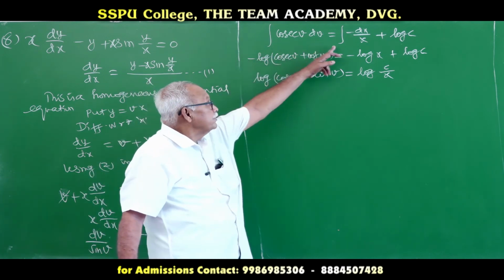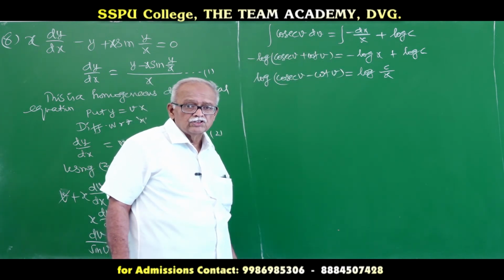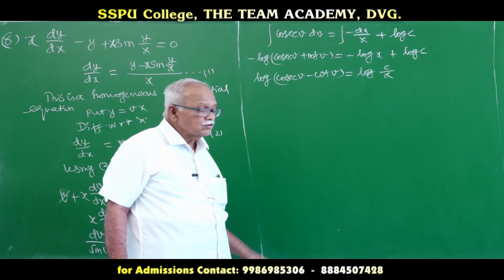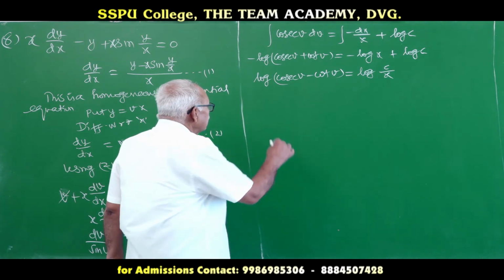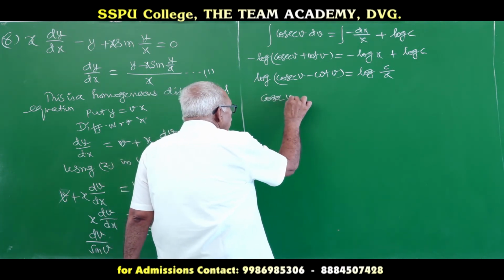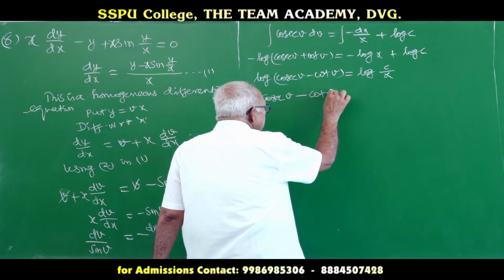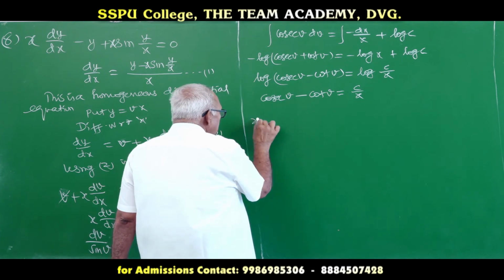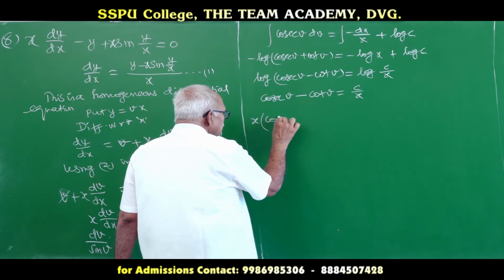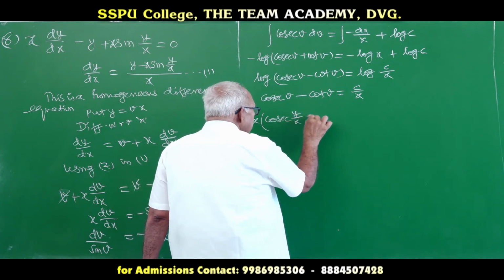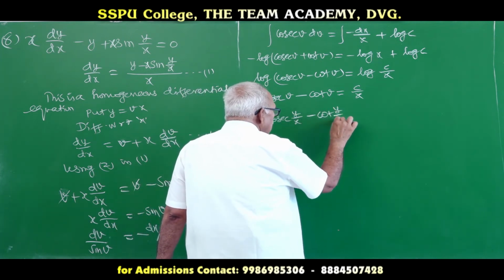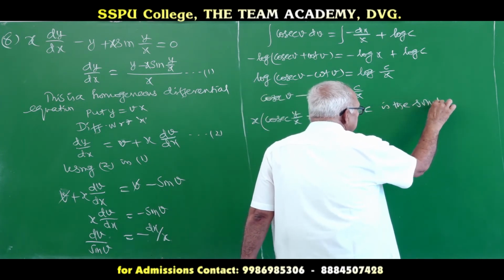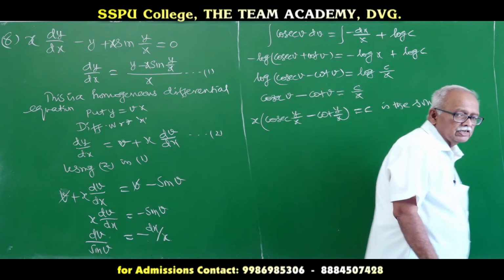So this minus sign, if you take it, this is 1 by cosecant v plus cot v. 1 by cosecant v plus cot v in trigonometry is cosecant v minus cot v. Now this is cosecant v minus cot v is equal to c by x, or x into cosecant y by x minus cot y by x is equal to c is the solution. So this is the solution of the differential equation.